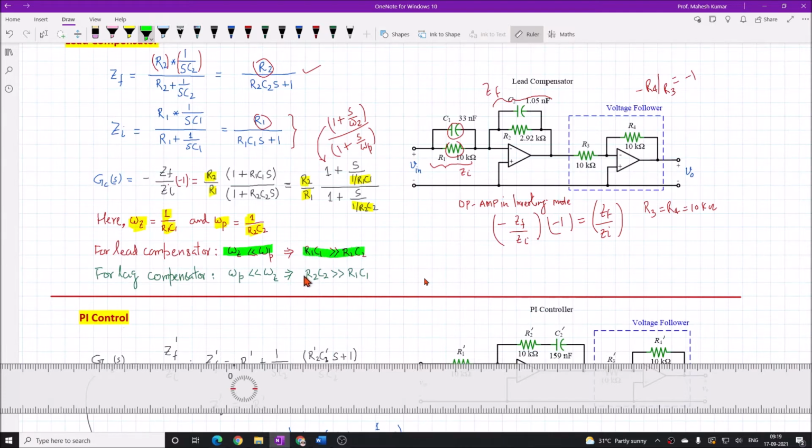So if R1 C1 is far greater than R2 C2, then it is a phase lead compensator. And when the opposite happens, that is omega P is less than omega Z, then R2 C2 is far greater than R1 C1, and it is a lag compensator. So you can realize the lag and lead compensator with the help of this circuit just by choosing proper values of R1, R2, C1, C2.